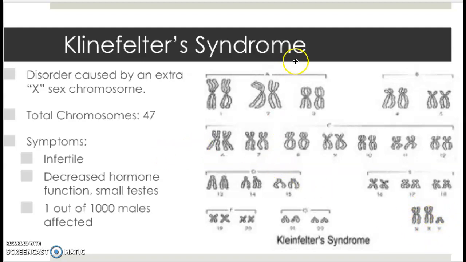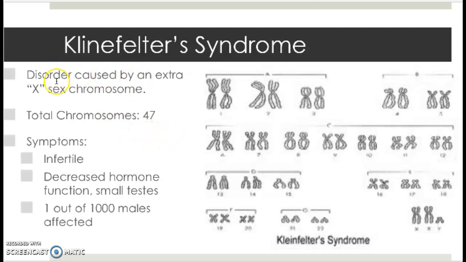But there will be some abnormalities, and you could guess. If you were to guess, will the abnormality be in a regular human body cell, or will it be on a sex organ? Because it's found on the 23rd pair, we could predict that this syndrome has something to do with a sex organ.